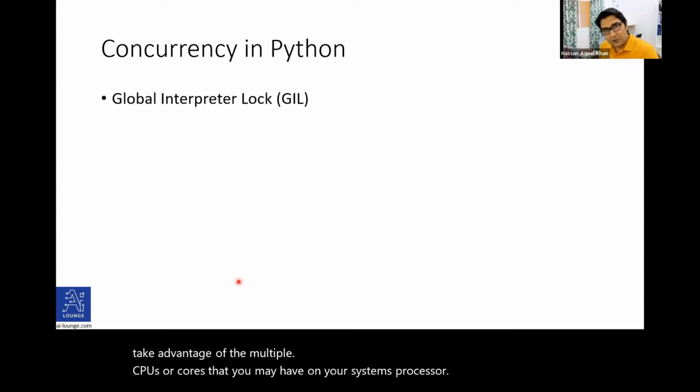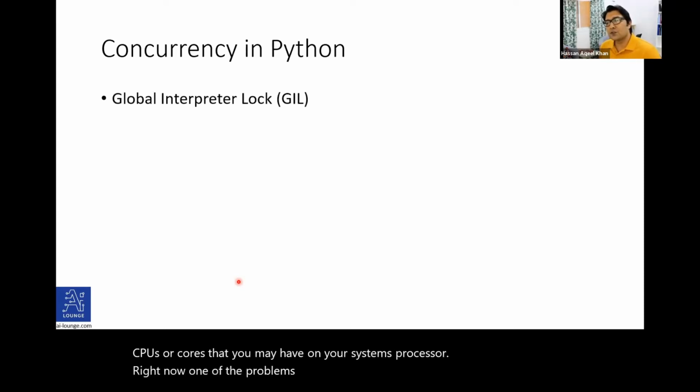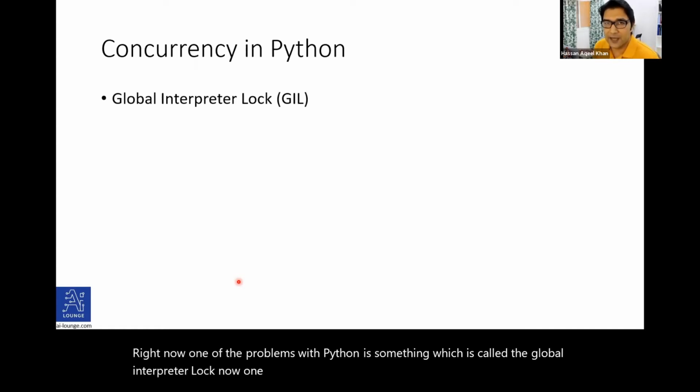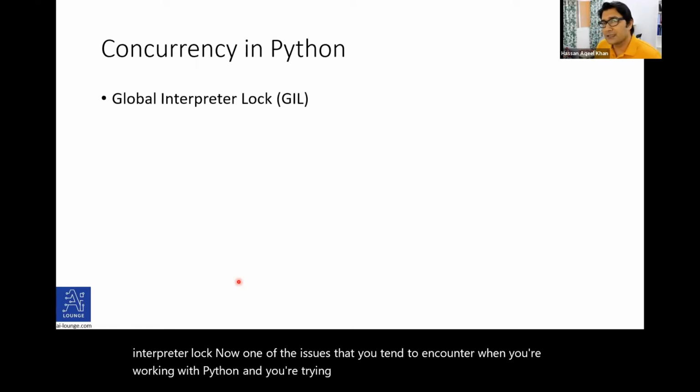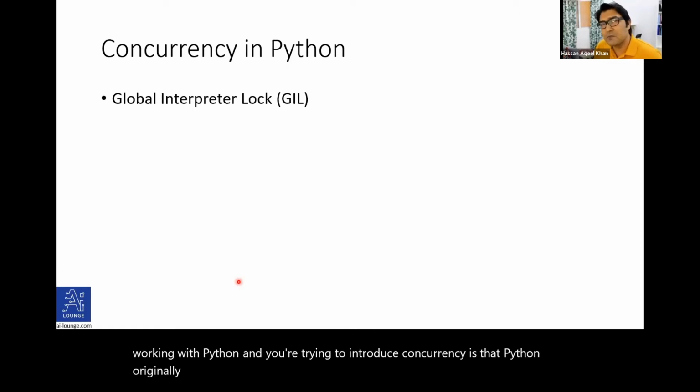Right. Now, one of the problems with Python is something called the global interpreter lock. One of the issues you tend to encounter when you're working with Python and trying to introduce concurrency is that Python originally, and a lot of flavors of Python, when they were written, were meant more or less for single processor types of interactions.